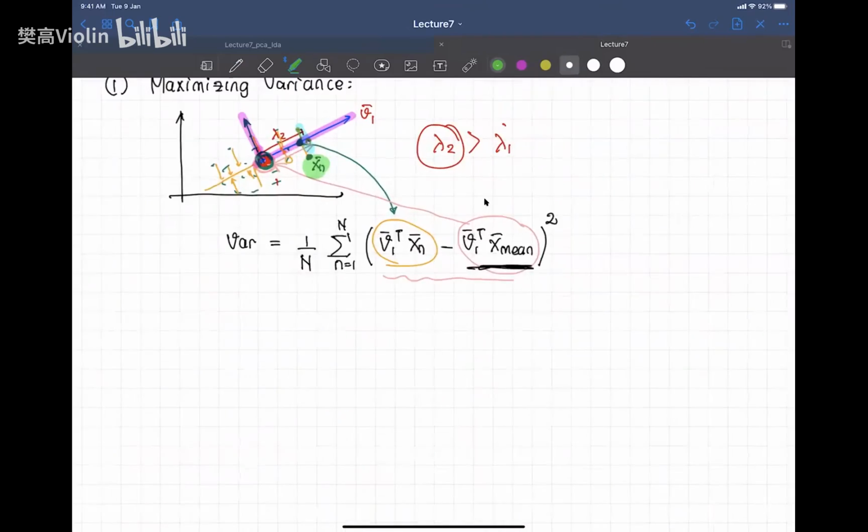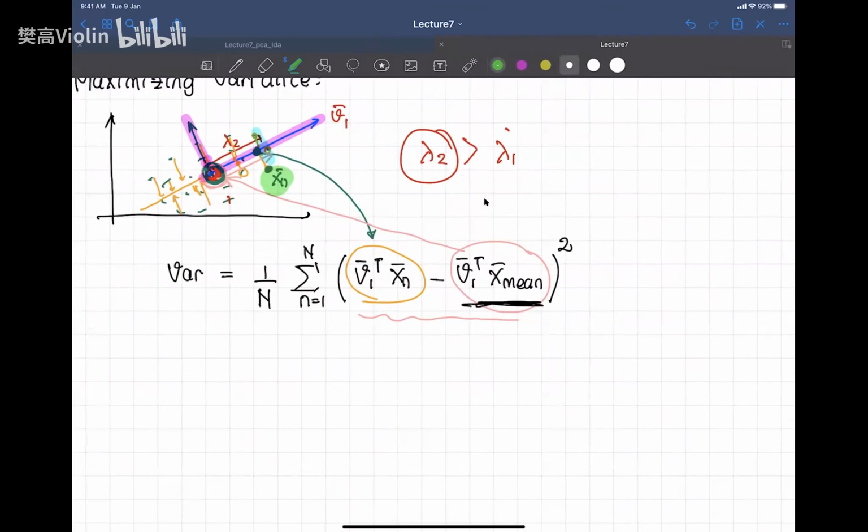So xn here is the input, the point, the address of the points of the samples in the x and y coordinate system. Okay, got it. Any other questions before we move on? Again, this is a very important expression because we will do the derivation based on this equation.